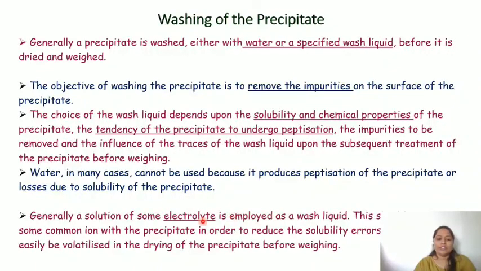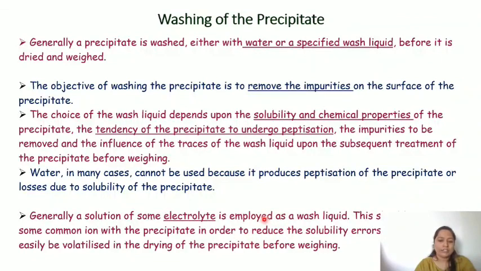So generally some electrolytic solution is employed as a wash liquid, and this should possess some common ion with the precipitate in order to reduce the solubility errors, and should easily be volatilized in the drying of the precipitate before weighing. Okay, that electrolytic solution contains the common ion with the precipitate in order to reduce what?